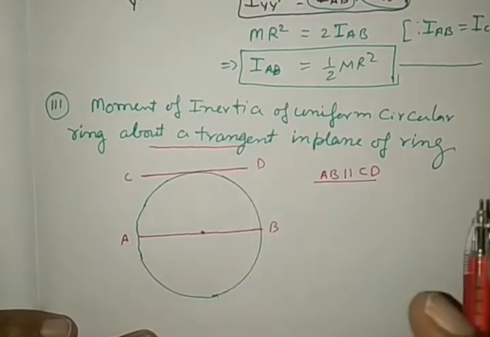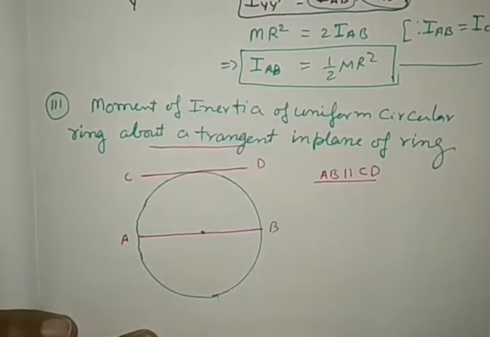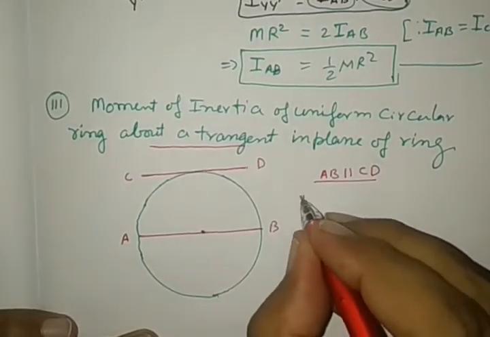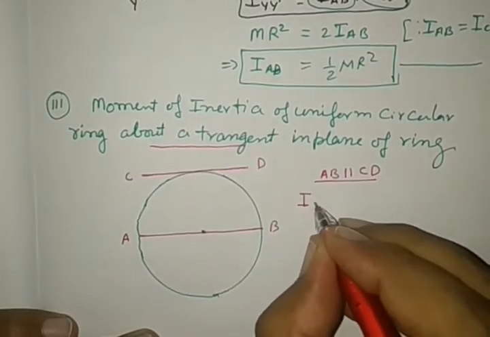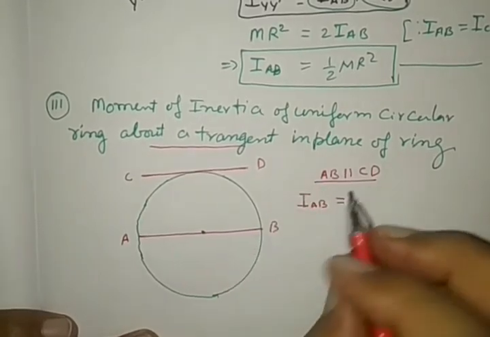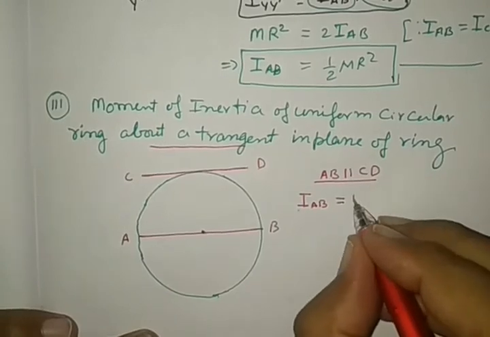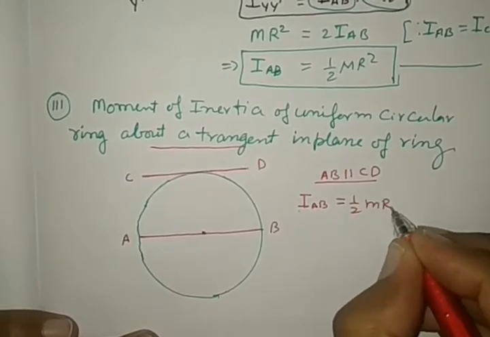See very carefully how to obtain it. These both are parallel lines. The moment of inertia about the diameter AB we have just obtained in the previous case: half mr square.